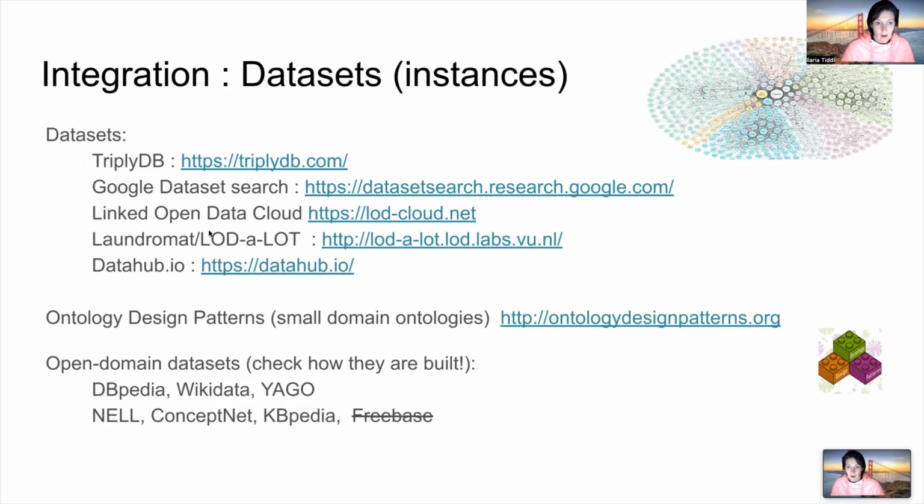The most famous one is the Linked Open Data Cloud, which you see here in the picture, where you have multiple data sets that belong to a specific domain. So every domain is an ontology. Every color is a domain, and every bubble is a data set.